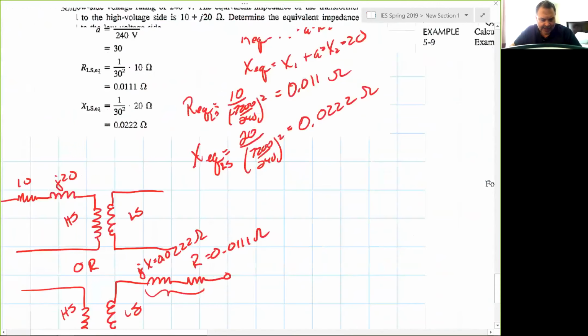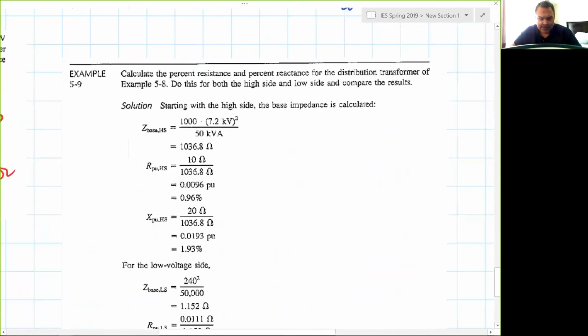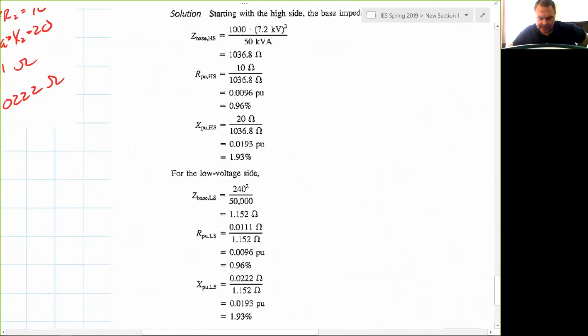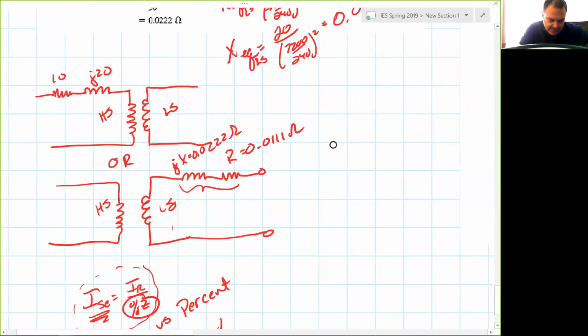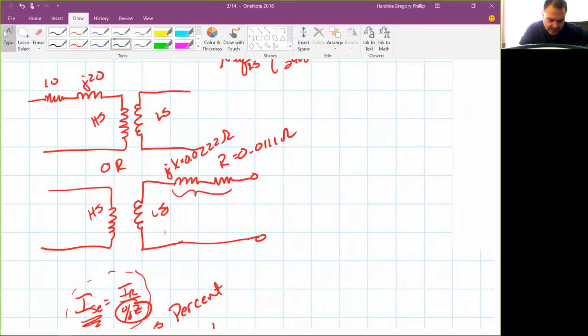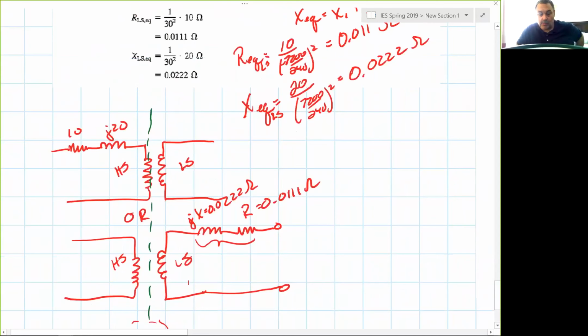So we did 5.8, looking at actual ohmic impedance of a transformer. Now let's calculate the percent resistance and reactance for the distribution transformer of 5.8. Do this for both the high side and the low side. We're going to make our per unit system.